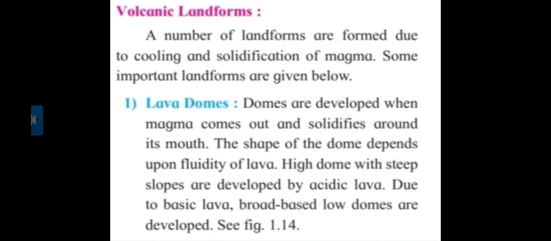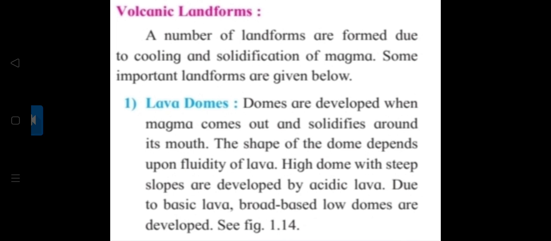The first one we are going to study is lava domes. Now what are lava domes? This is on page 10 and continued on page 11. Domes are developed when magma comes out and solidifies around its mouth. The shape of the dome depends upon the fluidity of lava.